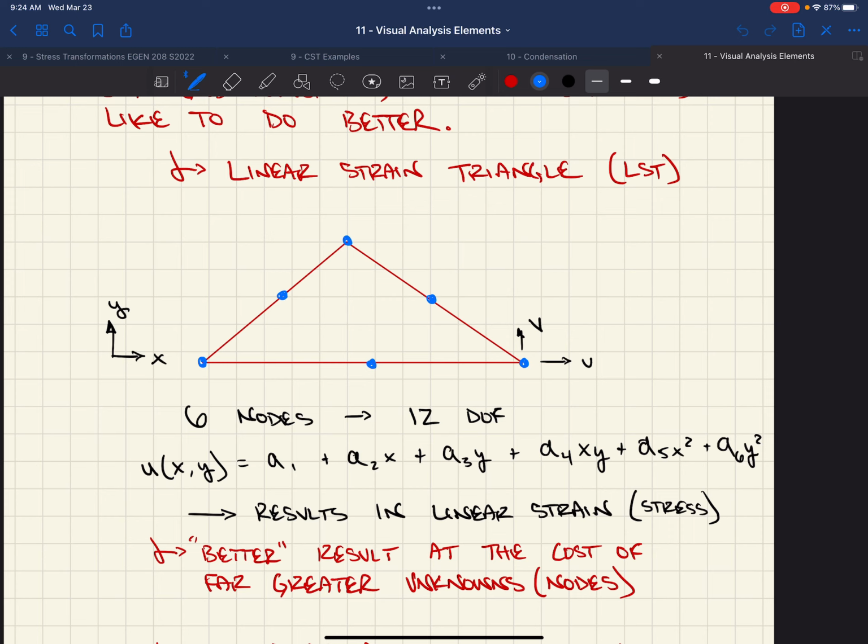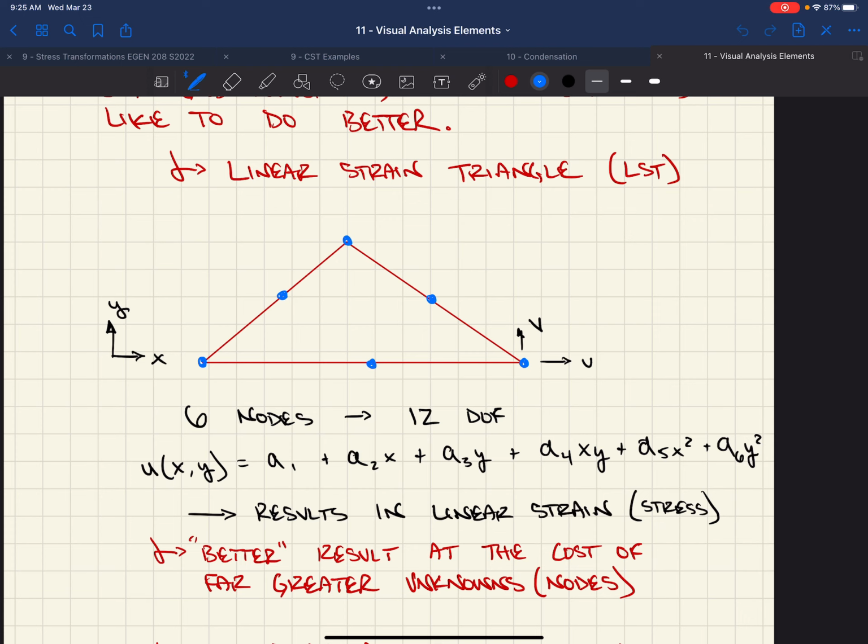But those better results come at a cost. Now you've got 12 degrees of freedom. So instead of a 6 by 6 stiffness matrix, now you have a 12 by 12 stiffness matrix for every single element. And you think you have thousands of these elements.